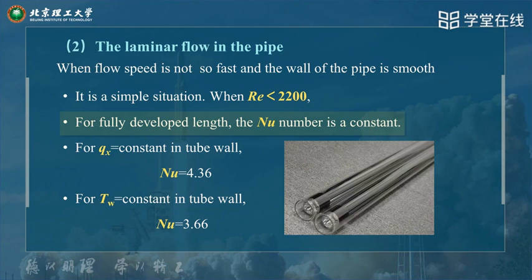If the heat flux is constant, just Qx equals constant, in this case Nusselt number equals 4.36, a constant. If the wall temperature is constant, just to say Tw is constant in the tube wall, the Nusselt number is another number, 3.66, becoming smaller.